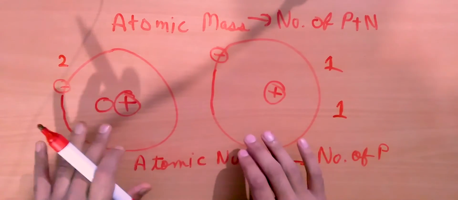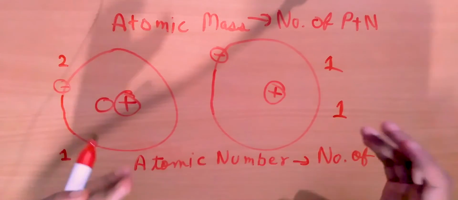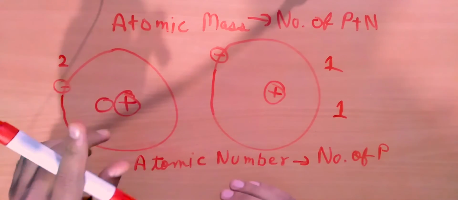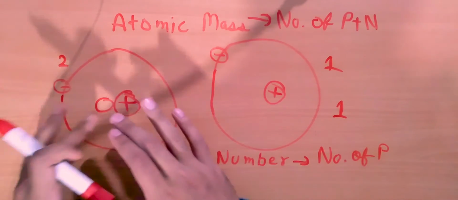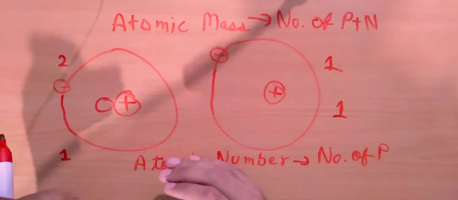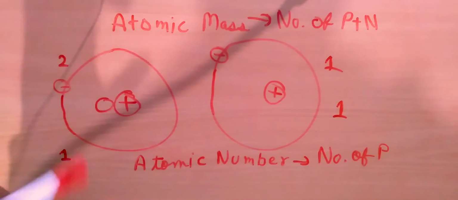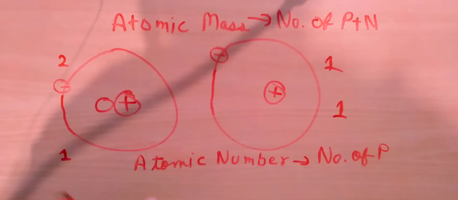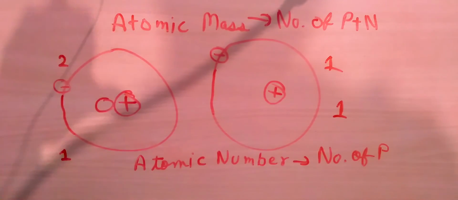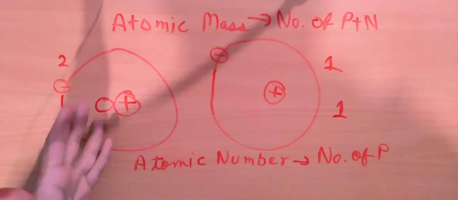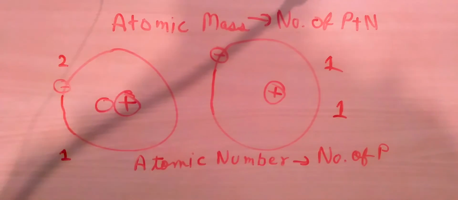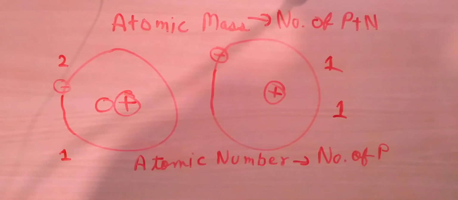But the point here is, generally you will notice that there will be one isotope that will have an equal number of protons and neutrons, and there might be another isotope that has one neutron more or less, right? That is the basic trend that you'll notice. But there's no hard and fast rule that the number of both of them will always be equal. It's just something noticed generally. So that's it for this video.